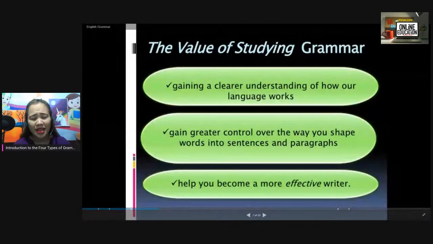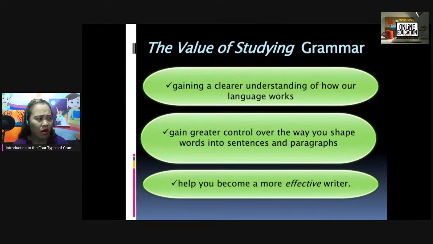So why do we need to study this? This prescriptive grammar, descriptive grammar, and soon after this one, we'll have the functional and pedagogic grammar. Guys, I will not discuss functional and pedagogic grammar yet. Let's focus first on descriptive and prescriptive grammar. Okay, later we'll have it.